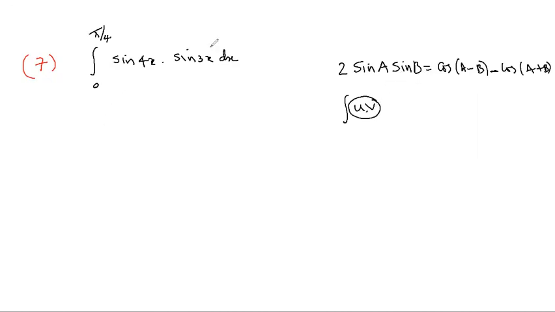So whenever we have a product, we can convert it into sum or difference by using this type of formula. So we will be writing this as, first we need a 2. So divide and multiply with 2. 2 sine 4x, always write the bigger angle first, into sine 3x. Now apply the formula.